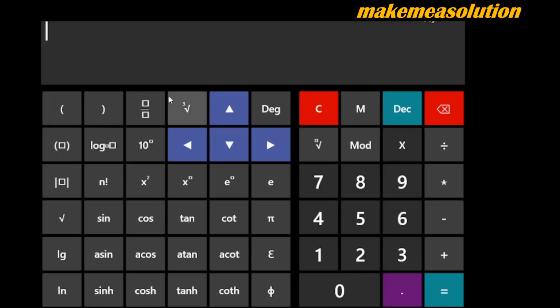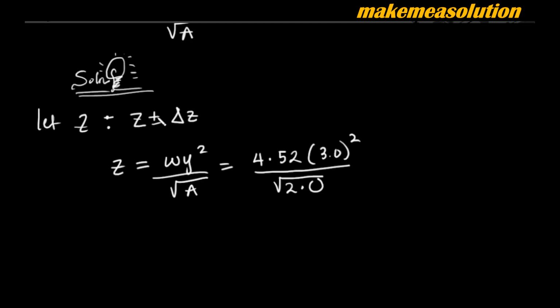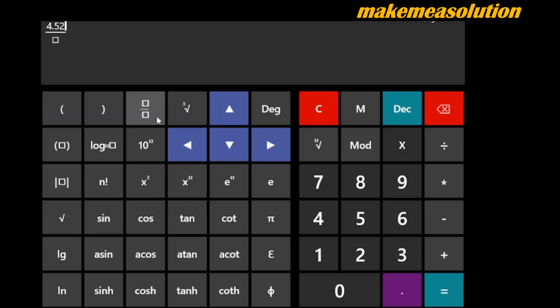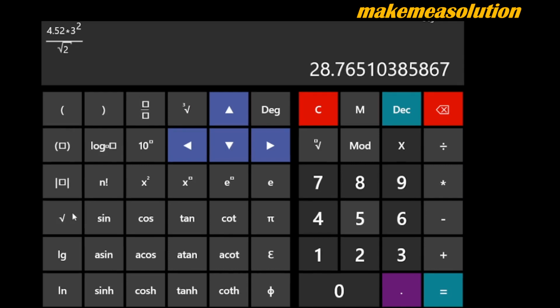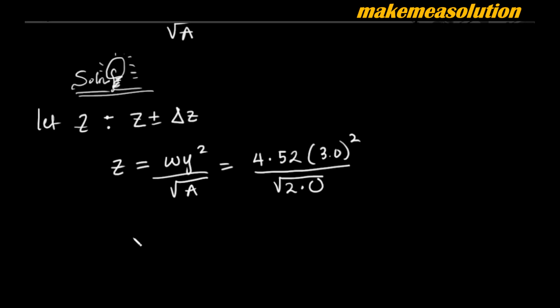So we have this ratio, 4.52 times 3 squared, divided by square root of 2. So z is 28.7651.